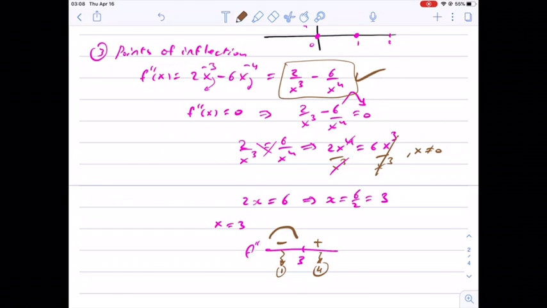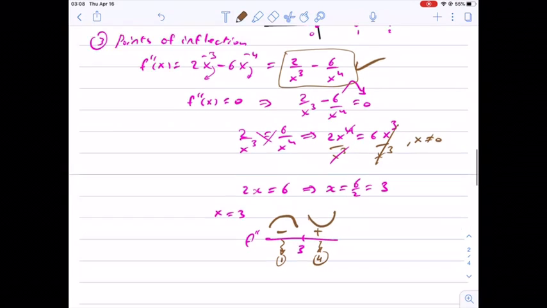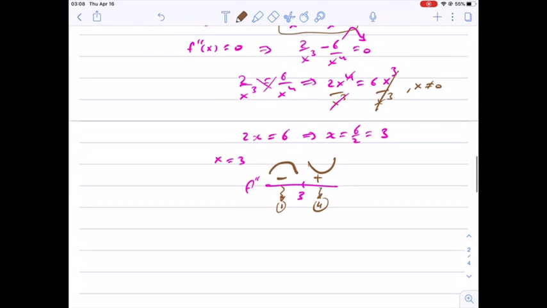Here we are talking about concavity. The concavity is one of the applications of the second derivative. And here it's concave up. So as we can see, the function changes its concavity about x equals 3. At x equals 3, we have an inflection point.